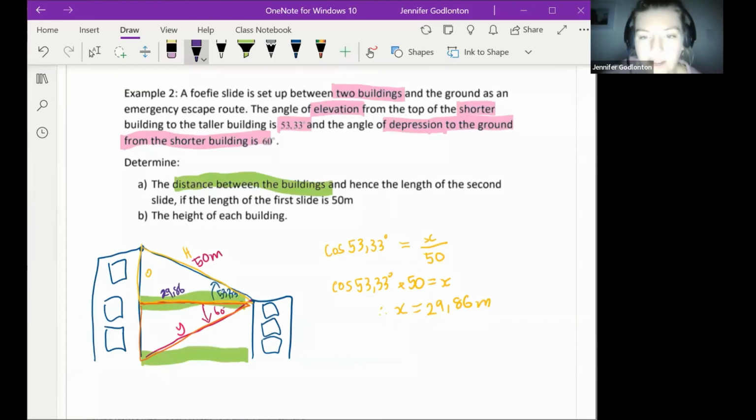So now you can calculate y, and then you've answered the whole of a. And keep it as 2 decimal places for me.